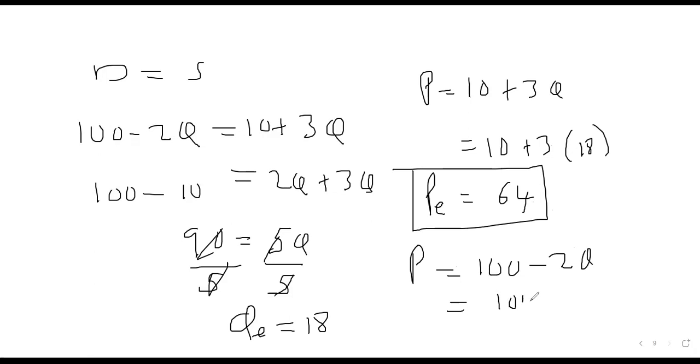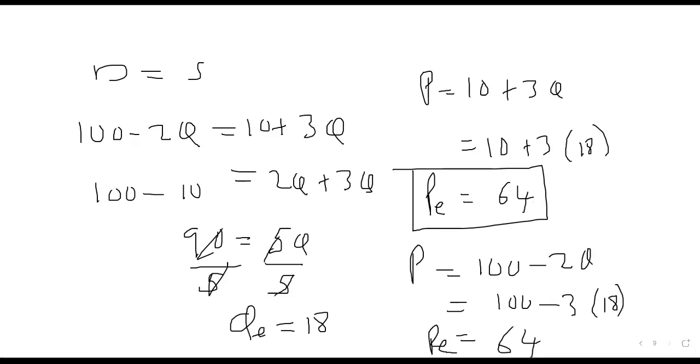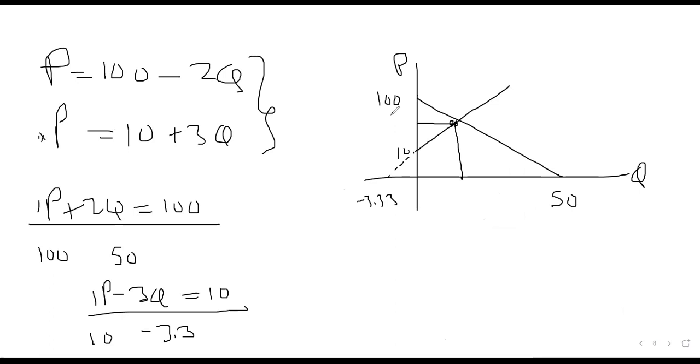So where there's Q, we're going to put 18. So this would be 100 minus 36, which will give us 64. So this is also our equilibrium price. So price is 64, we put 64 there. Quantity is 18, we put 18 there.